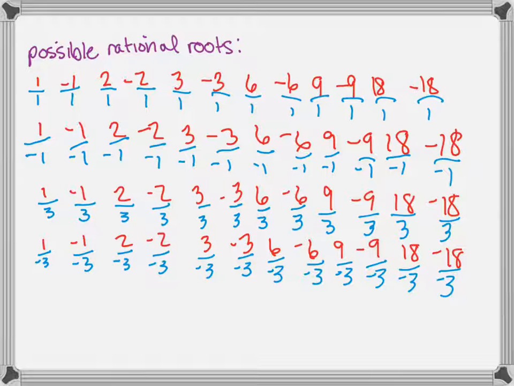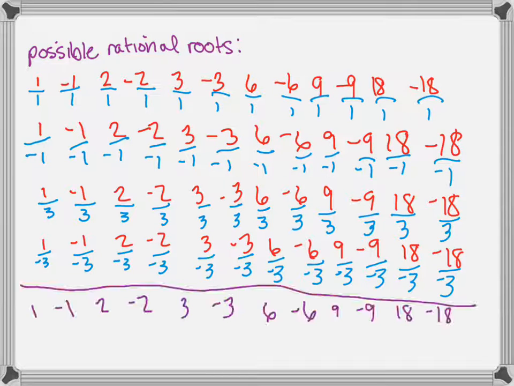So all of these will give us the possible rational roots, but we don't need to consider multiple occurrences. So let's simplify. That first row simplifies to these numbers, which are basically our p's. Our second row simplifies to these, which just differ in terms of which ones are positive and which ones are negative.